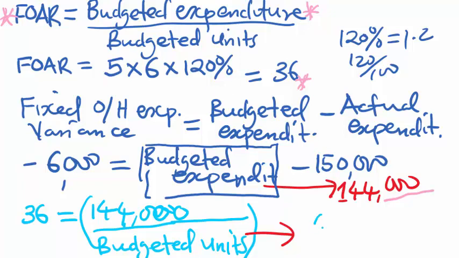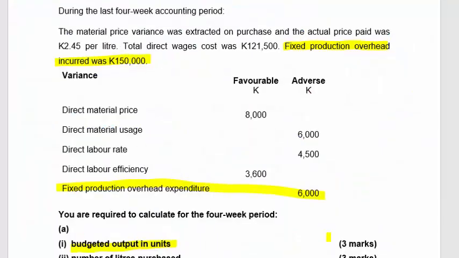And so the answer we are looking for in part A is 4,000 units for 3 marks.